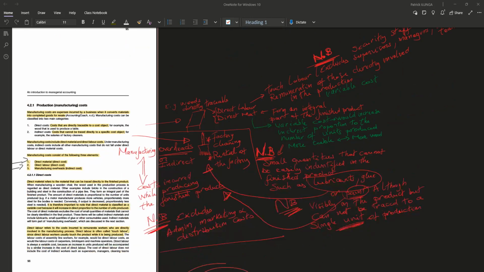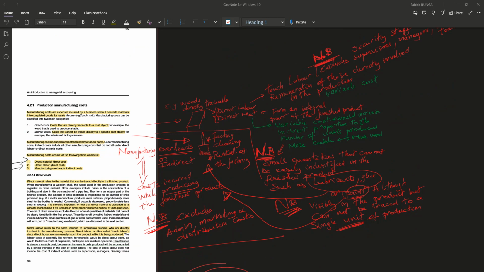And the direct material forms an integral part of the finished product. For example, when you're using wood for the table, you can look at the table and you can see the wood that you used. It forms part of that table. But this is not the same for glue and nails that are used, so you won't see them.